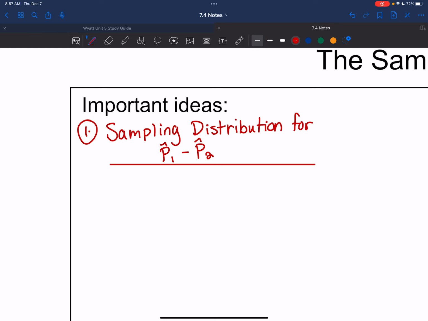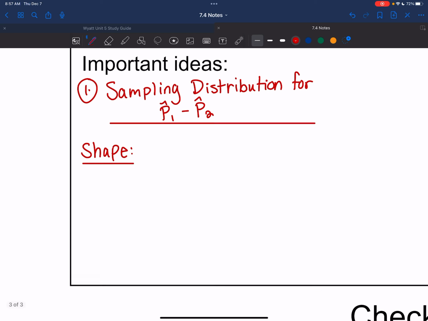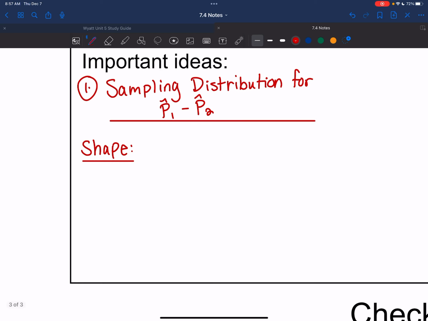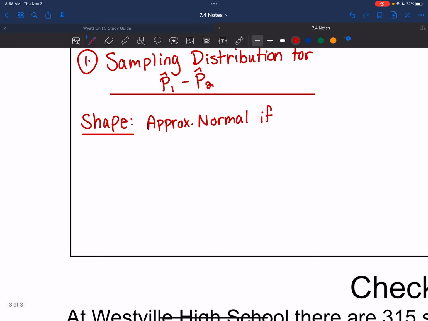If you're looking at the shape, it's approximately normal if the large counts condition is met for both samples.